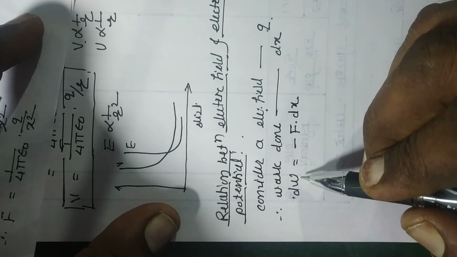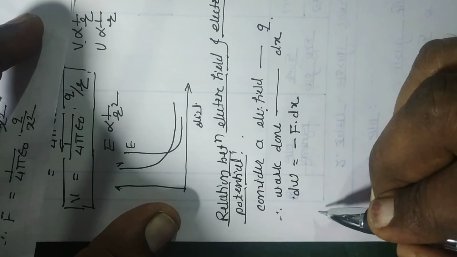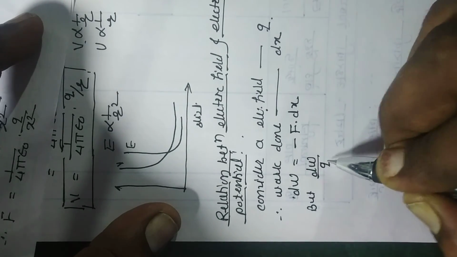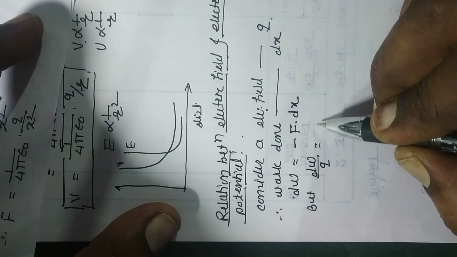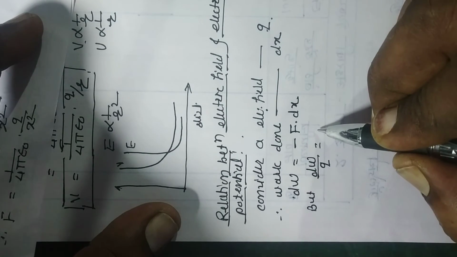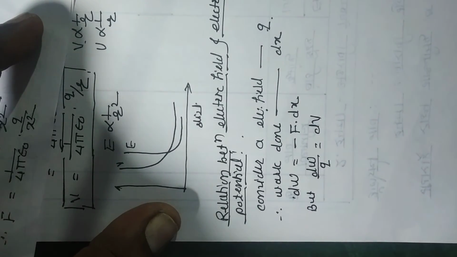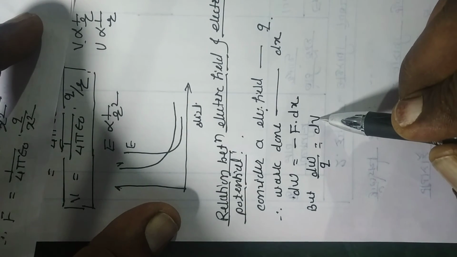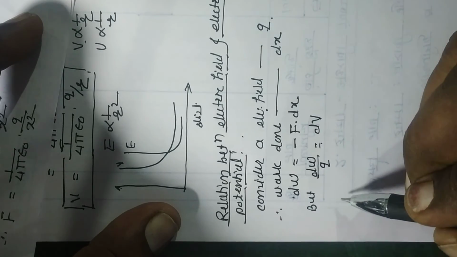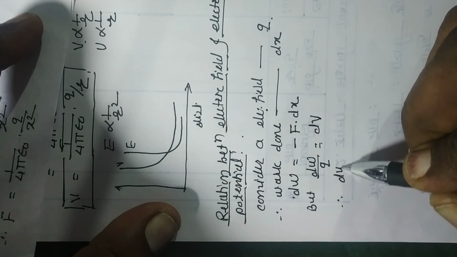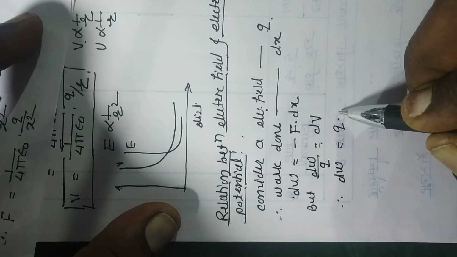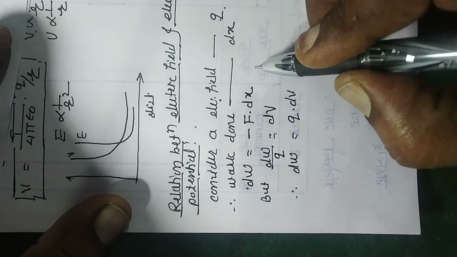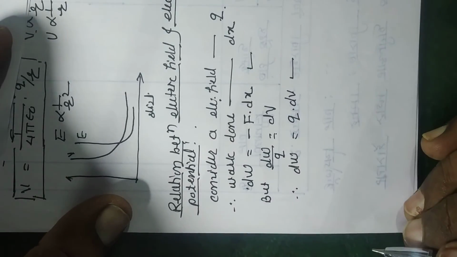This is small work, but work done per unit charge is called electric potential, that is dV. Work done per unit charge is called electric potential, and therefore work dW is equal to Q into dV. This is work, this is also work.